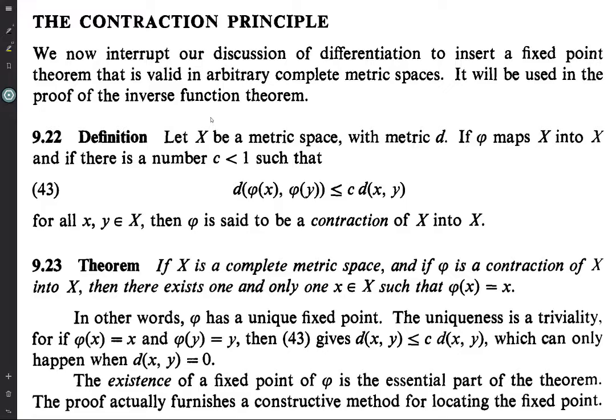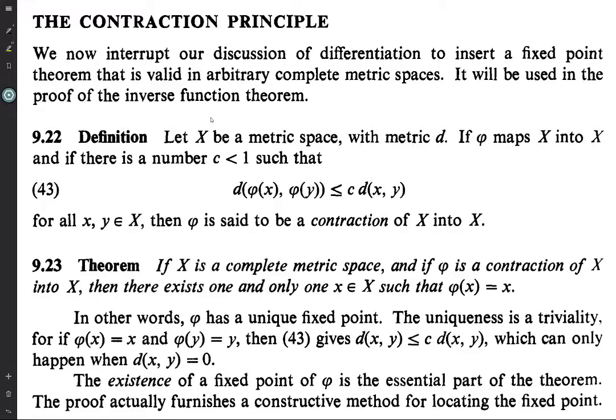The theorem is that if X is a complete metric space, and if phi is a contraction of X into X, then there exists one and only one x such that phi(x) equals x. The fact that phi(x) equals x means we call x a fixed point. And the fact that there is one and only one such point means that it's unique.